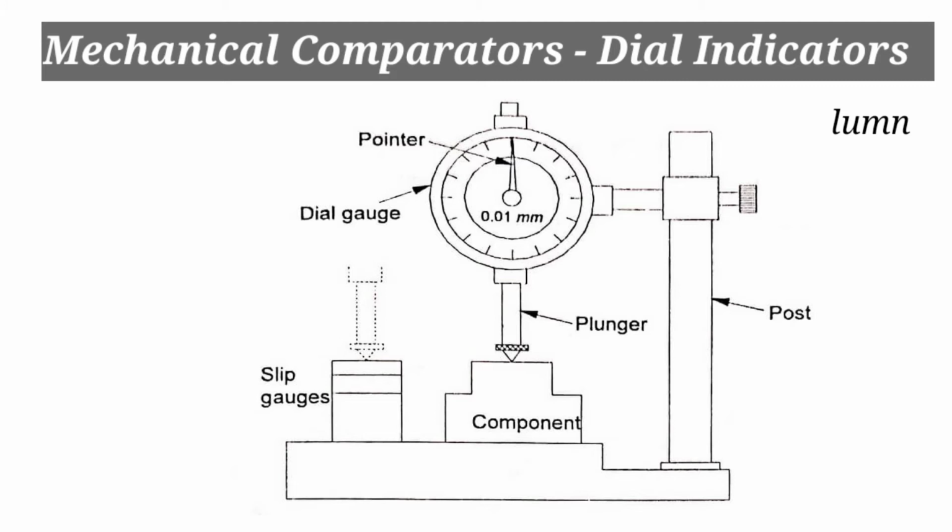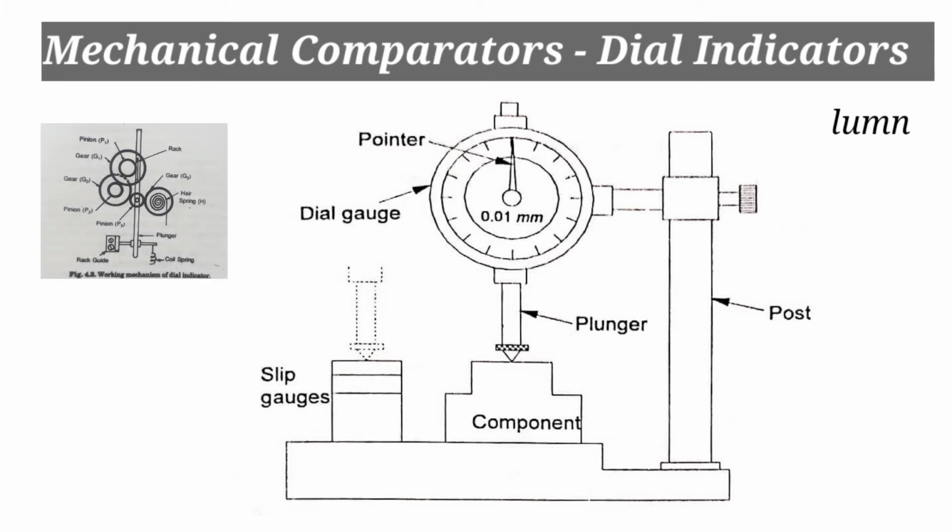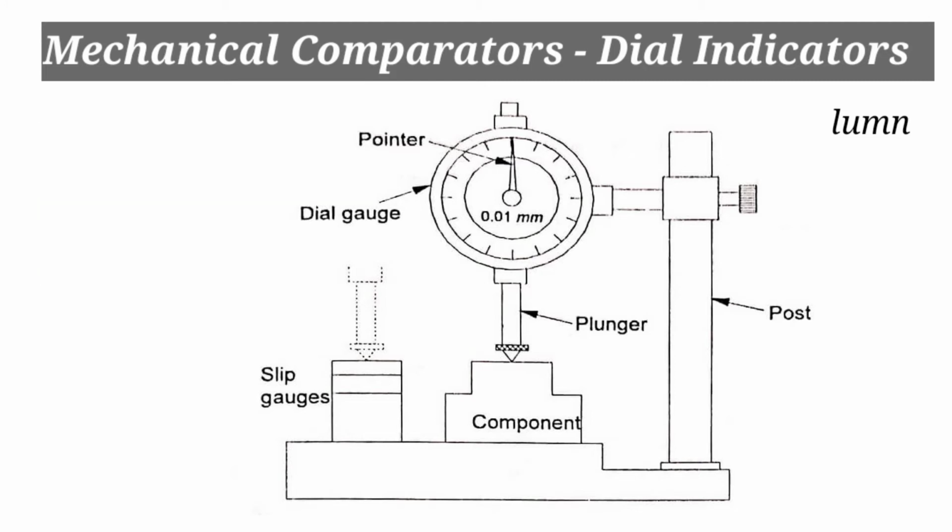The part to be checked is then placed below the measuring plunger of the indicator. The linear movement of the plunger is magnified by means of a gear and pinion train into a sizable rotation of the pointer. The variation in the dimension of the part from the basic size is indicated on the dial.